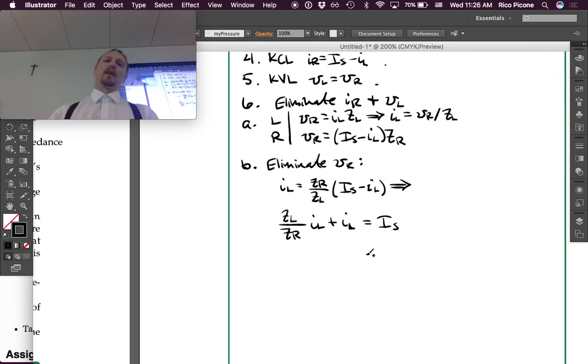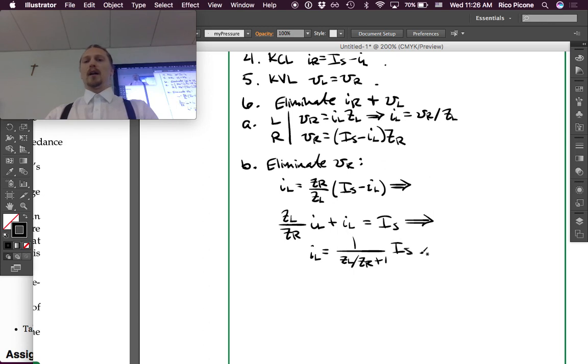Okay, we can factor out IL, right? They're both IL. So IL is equal to, we can just divide the other side by ZL over ZR plus 1 times IS.